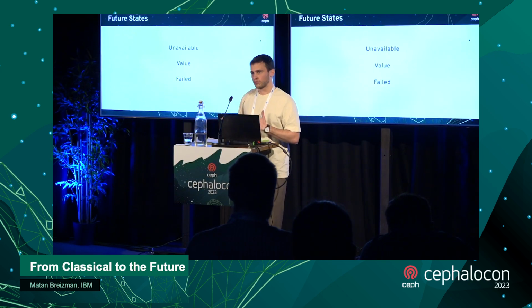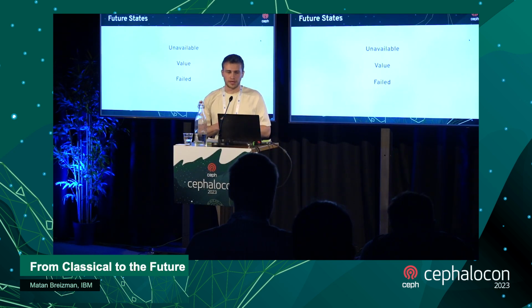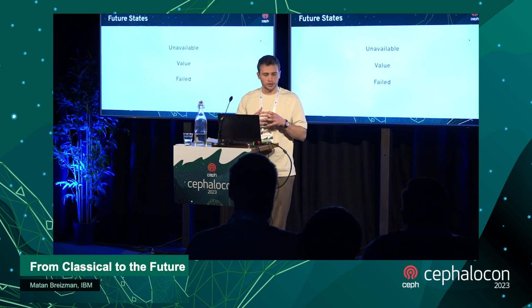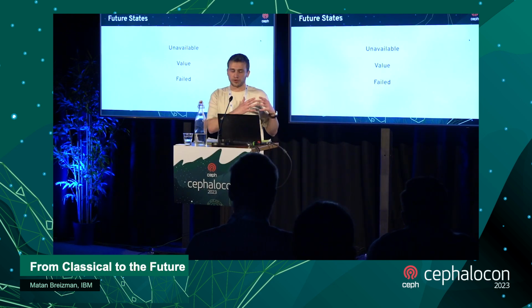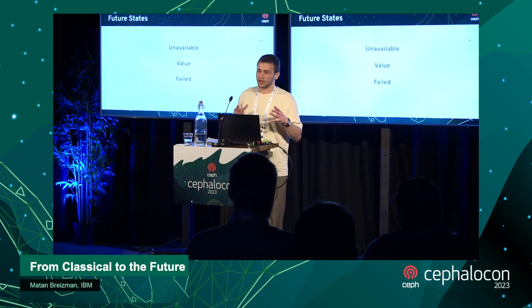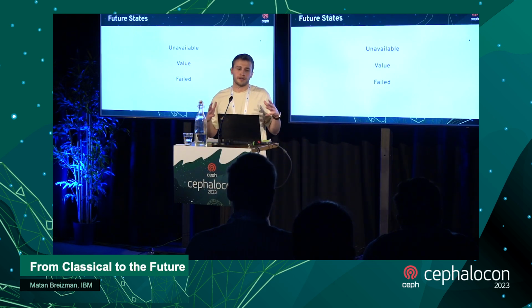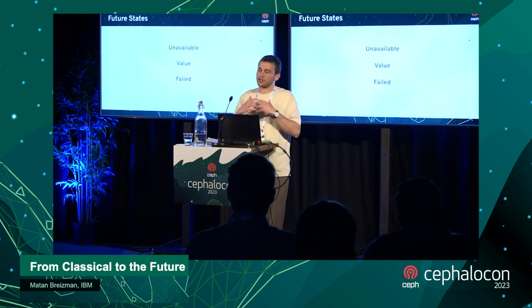So, what is a future? A future essentially has three states. The first is the unavailable state. An unavailable state means that currently the computation is taking place and we cannot use its value. It's not available yet. The second is the available state, where the value is ready for us to use. The computation is over.